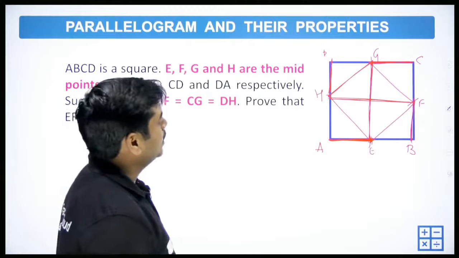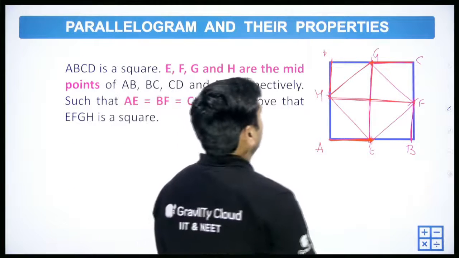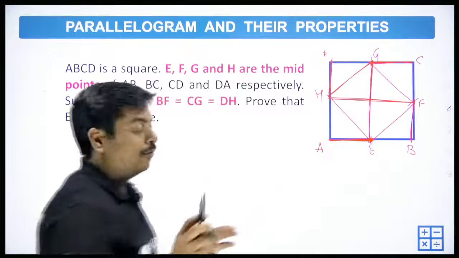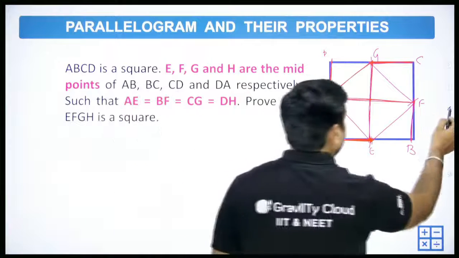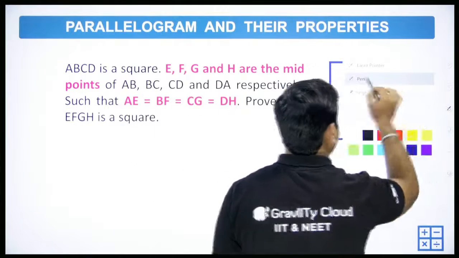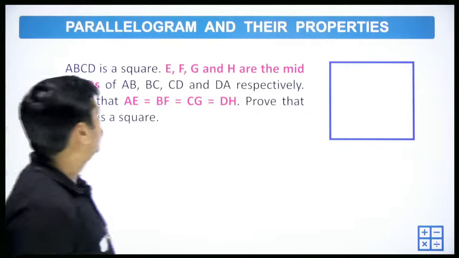For that, it is enough to show that at least the opposite sides are equal, correct? We made a mistake. We are not taking the diagonals of a square. That is the mistake I'm making from last time also, right?